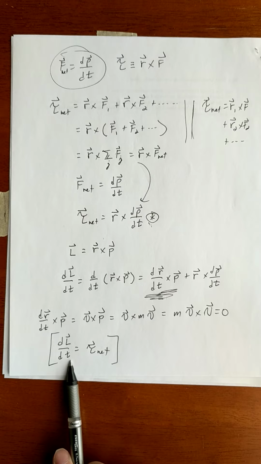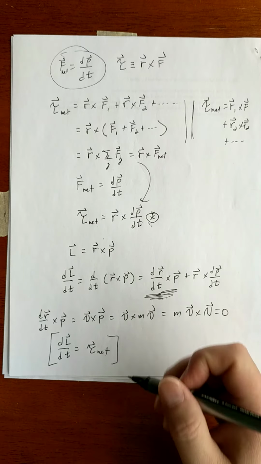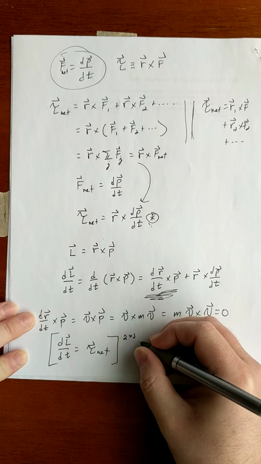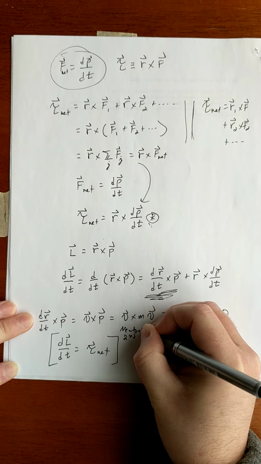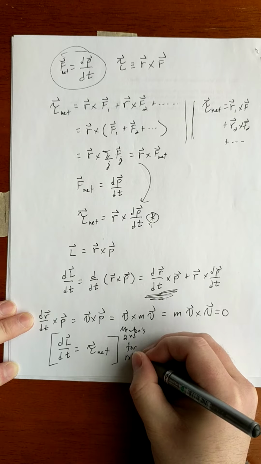So as force is the thing that changes momentum in linear systems, torque is the thing that changes angular momentum in rotational systems. So this is an alternate form of Newton's second law for rotational systems.